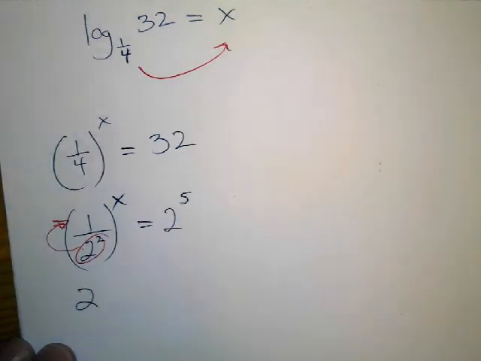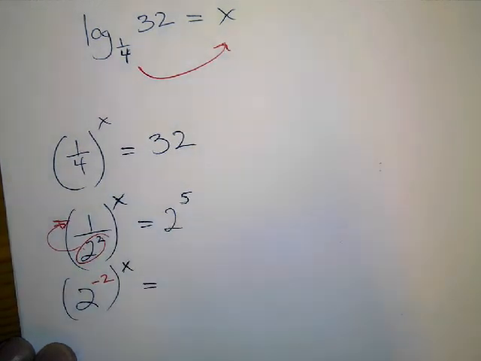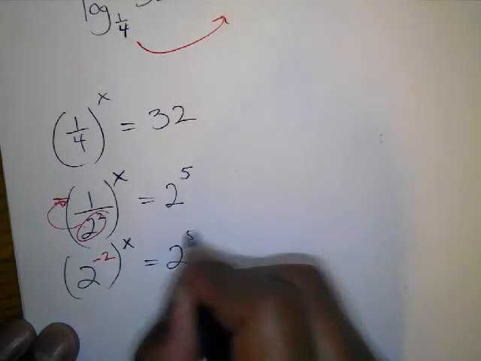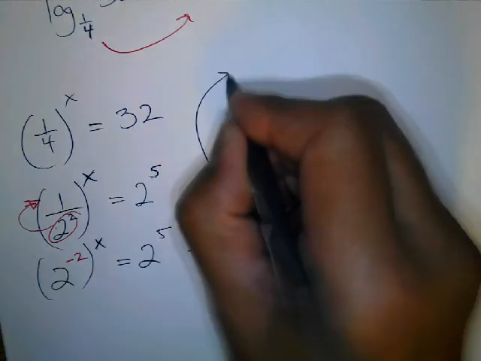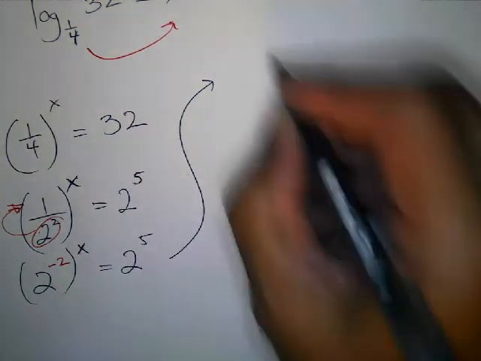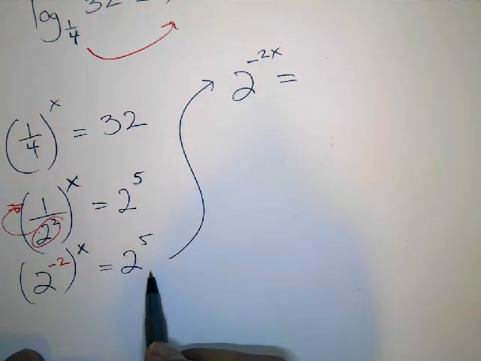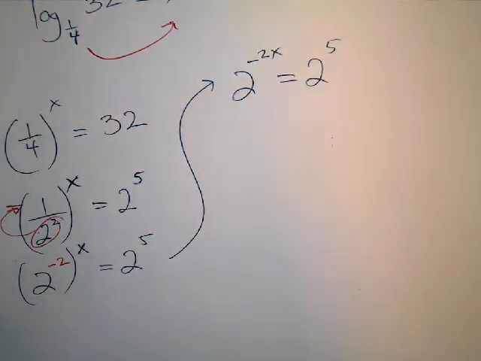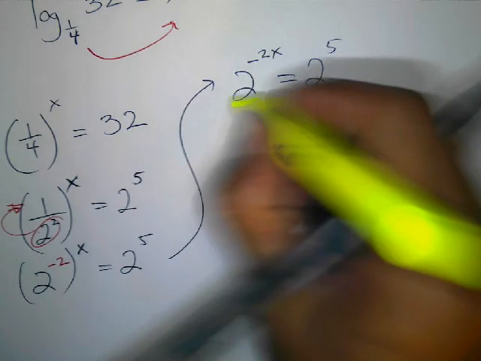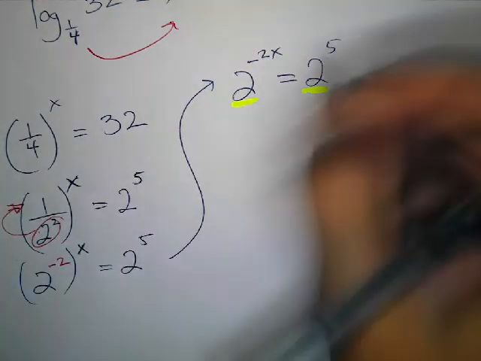And then we move this up. This 2 squared moves up, so that'll be 2 to the power of negative 2. And don't forget that x still is equal to 2 to the power of 5. All right, so that's going to be what? 2 to the power of negative 2x equals what? 2 to the power of 5.